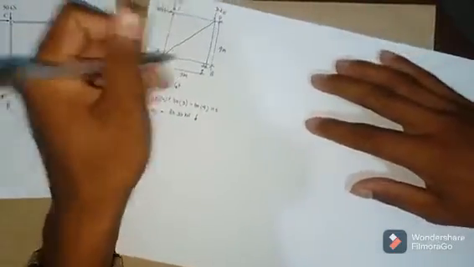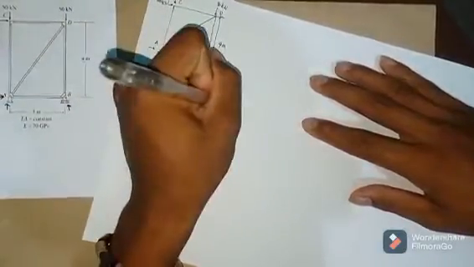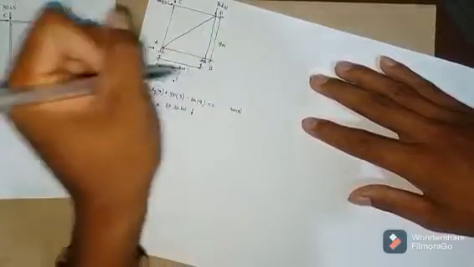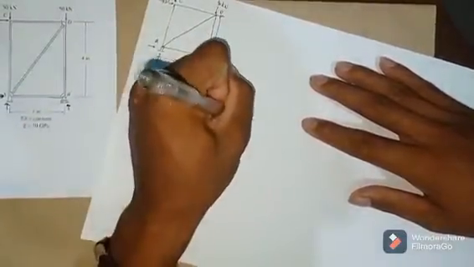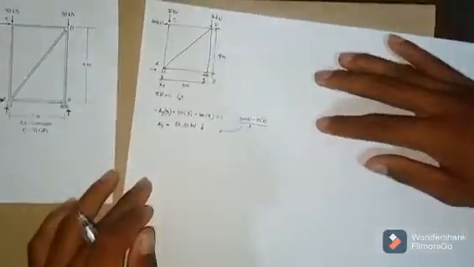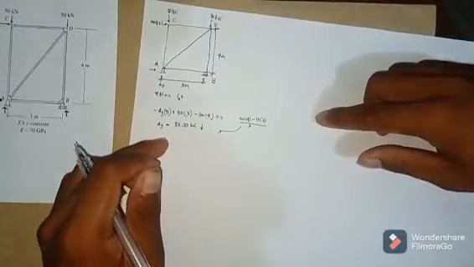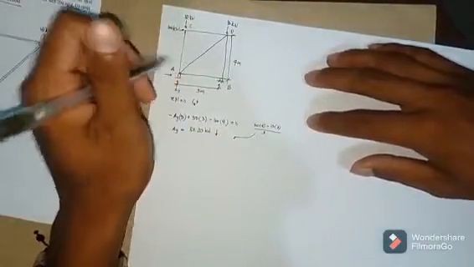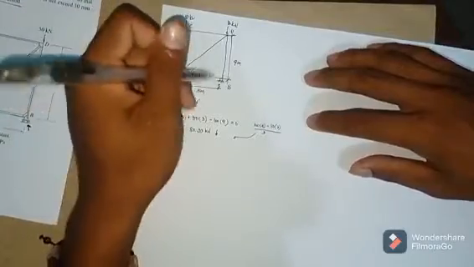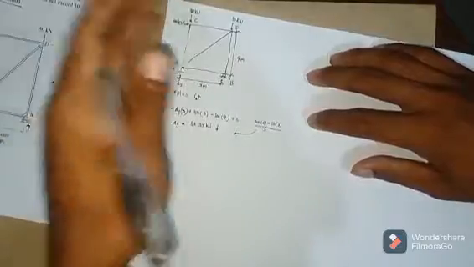So ganito yung mangyayari. So 100 times 4 minus 50 times 3 divided by 3. So para makuha itong AY natin. So nakuha na natin yung value ng ating AY, and then para madali lang yung pagkuha ng ating B ngayon. So we're going to find the summation of forces vertical.